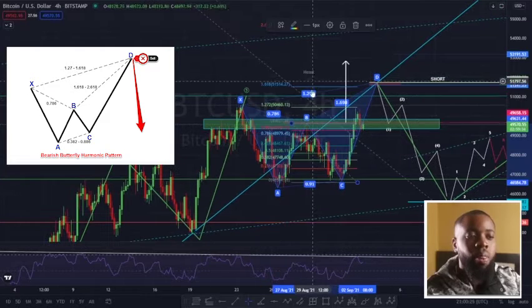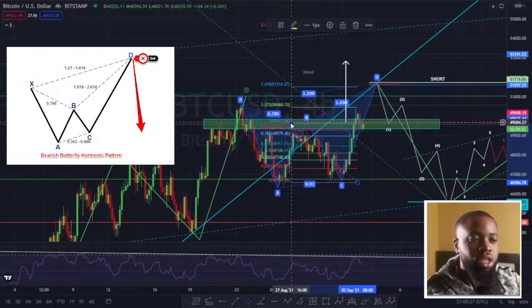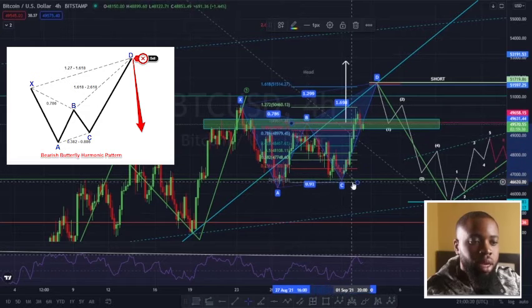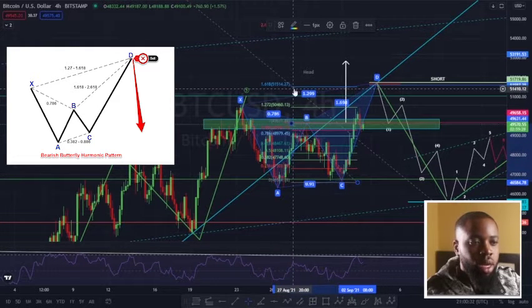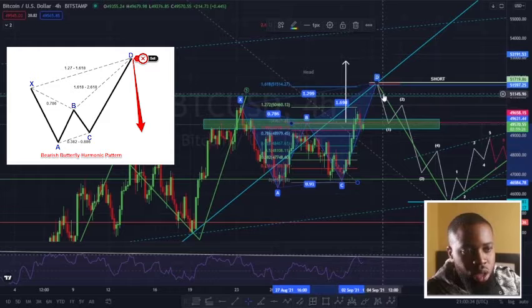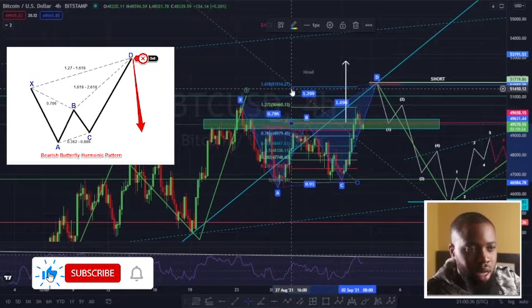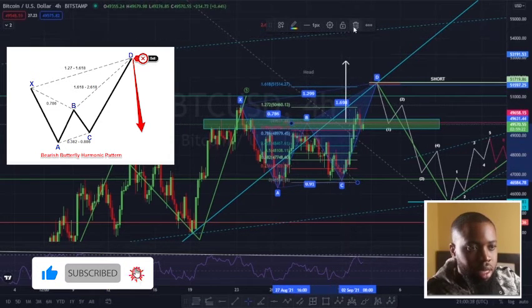All right, so I also took an extension of this leg right here, which gave me the 1.618, and I took out my time to measure it from the wicks, but right now it's not that accurate, so let me just delete that.